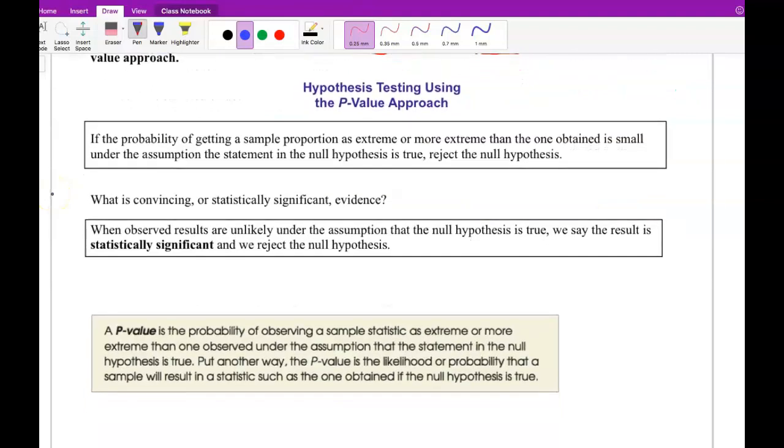Okay, so on this part, hypothesis test using the p-value approach: if the probability of getting a sample proportion as extreme or more extreme than the one obtained is small under the assumption that the statement in the null hypothesis is true, reject the null hypothesis.